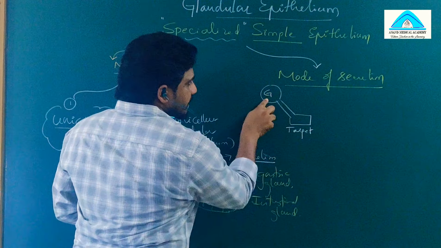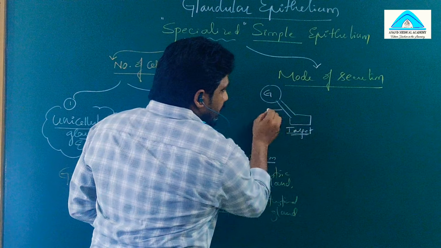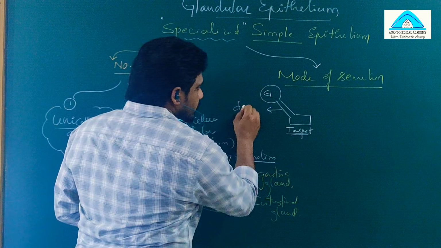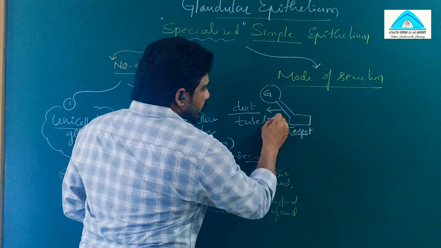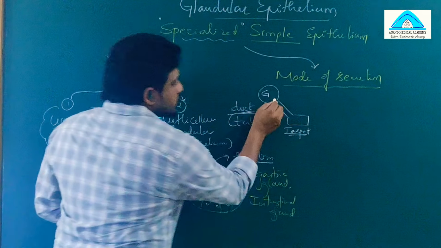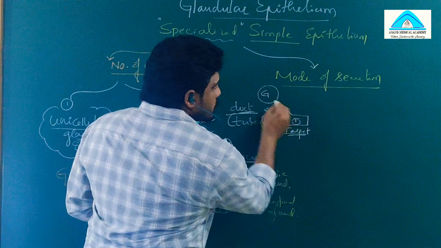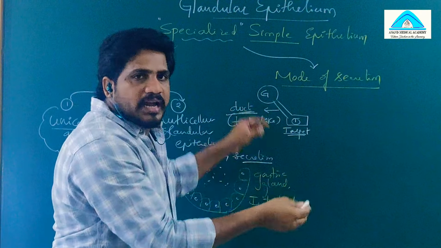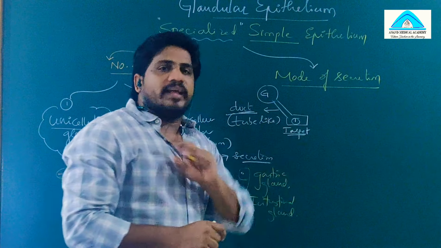So a gland secretes a chemical into the target part with the help of a duct. That means what? A tube-like structure is called a duct. It's not a straw, it is a duct-like structure connecting the gland and its target. So the entire secretion of a gland goes directly to only the target part, not anywhere else.